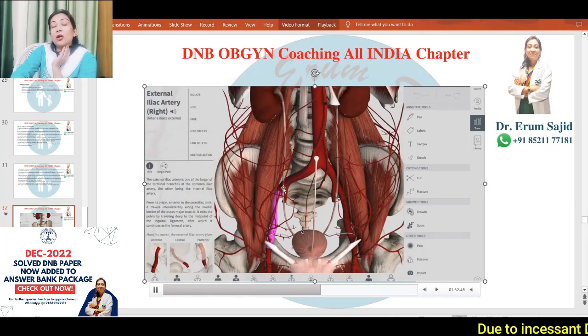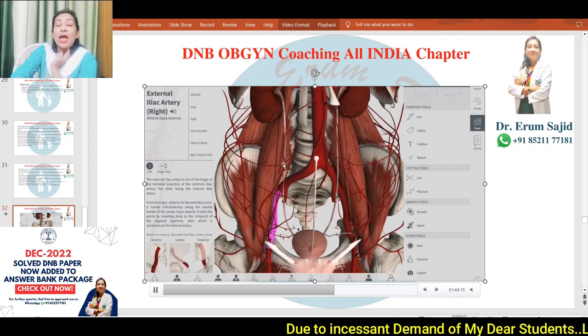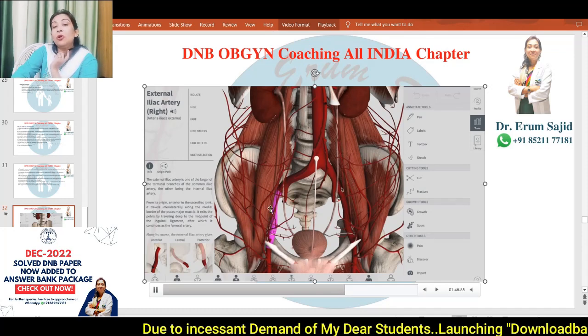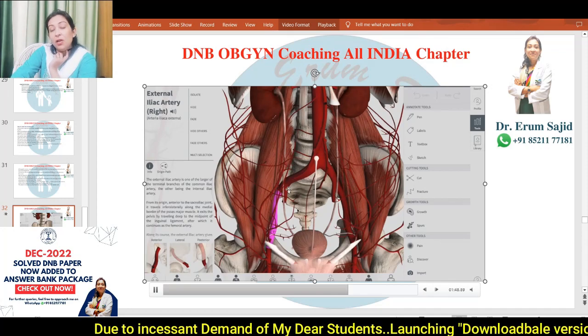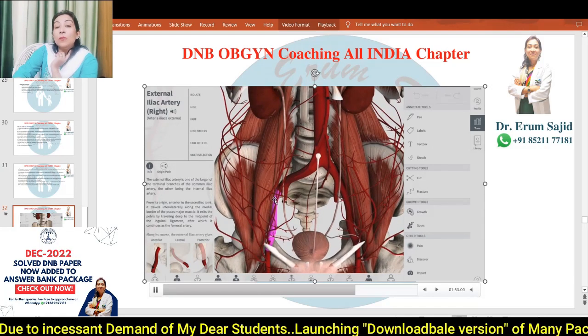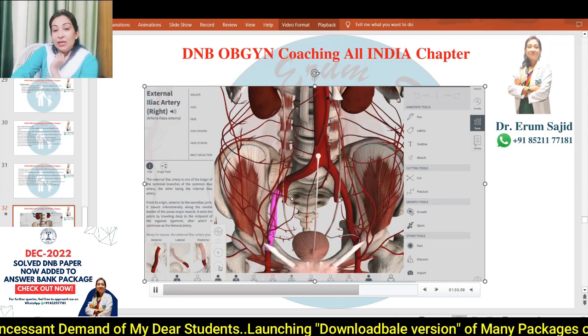At the level of the sacroiliac joint is actually the division of the common iliac artery into external and internal iliac artery. And at the junction of this division, the ureter is lying over it, definitely in relation with the medial border of the iliopsoas muscle, but also at the level of the division of common iliac into external and internal iliac.